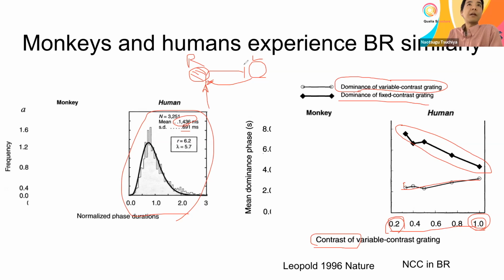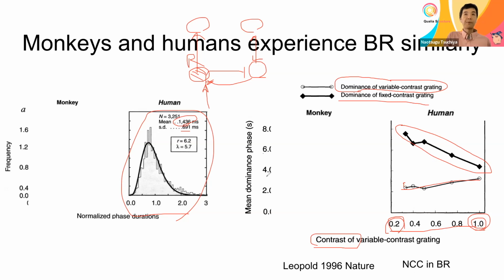But what's happening at this first stage does not correspond to the phenomenal vision. It is something above this area that is more responsible for conscious experience, and therefore it can produce this counterintuitive finding with respect to the contrast change.